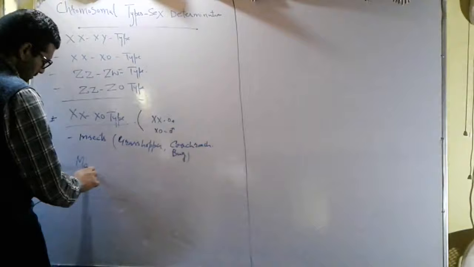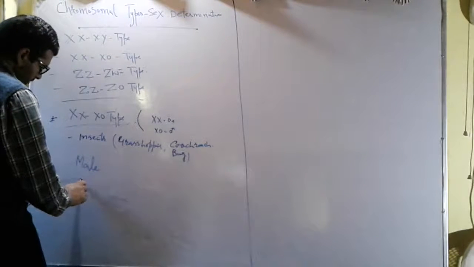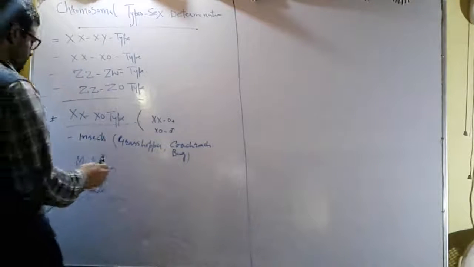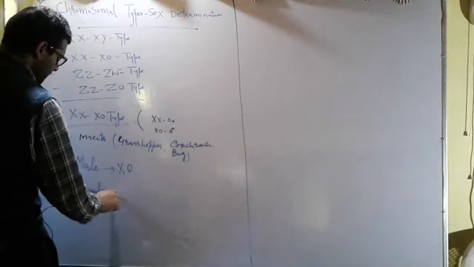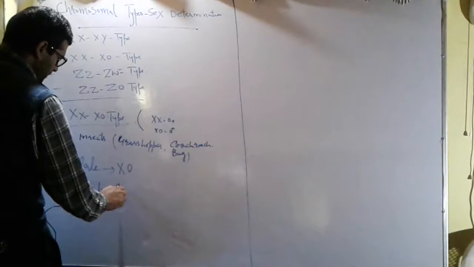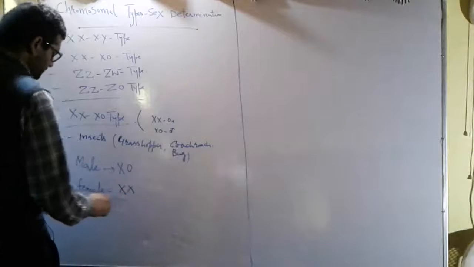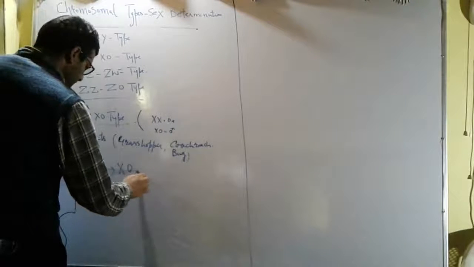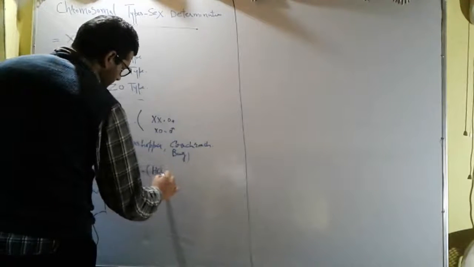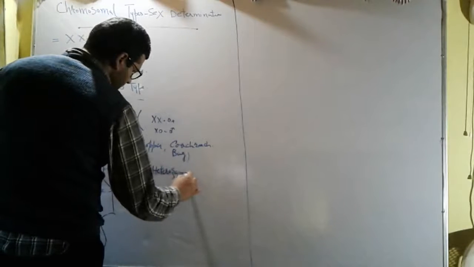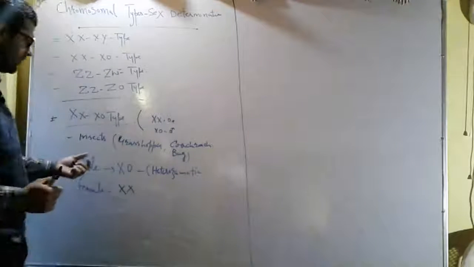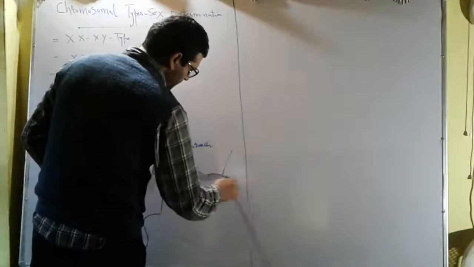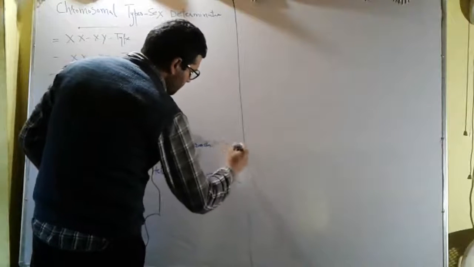Here, males have sex chromosomes X0 and females have sex chromosomes XX. So we can say that males are heterogametic. What is heterogametic? They produce two types of sperms: androsperms and gynosperms.